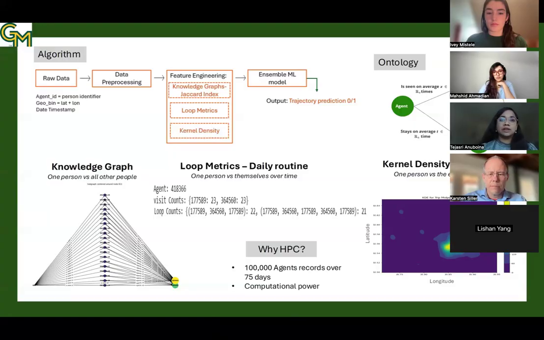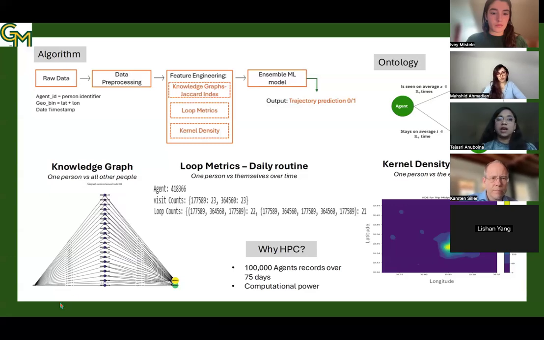So knowledge graphs give us population level differences, and then the loop metrics. This compares a person's current behavior to their own past. For example, a normal routine loop looks like home, office, and back home. If a pattern changes, like skipping work or taking a new route, it signals a behavioral shift. So with loop metrics, we can understand personal level changes.